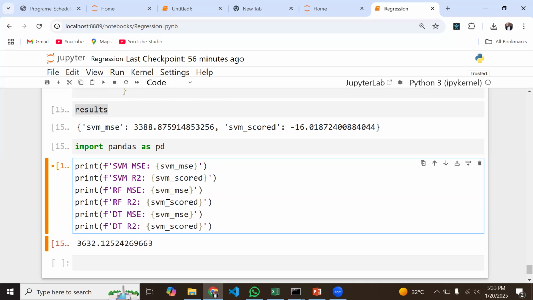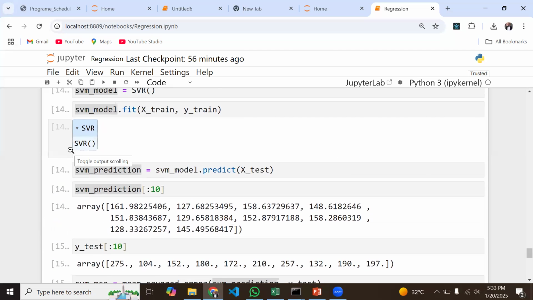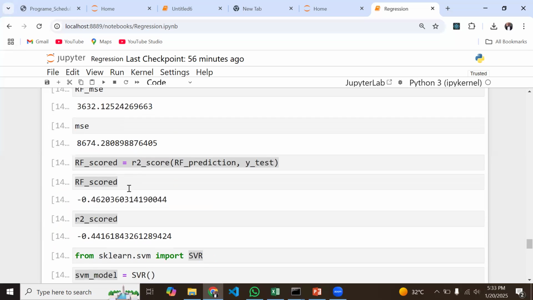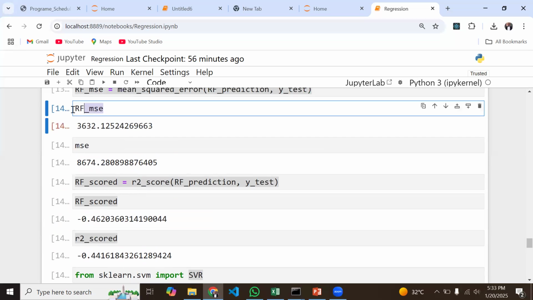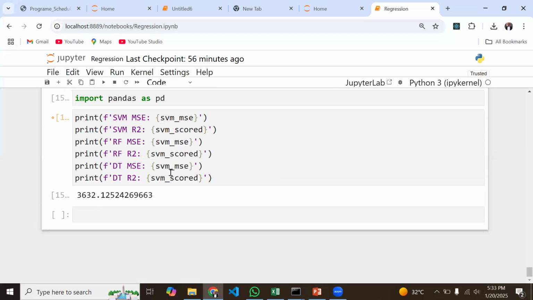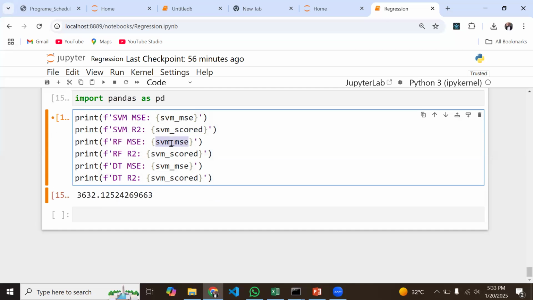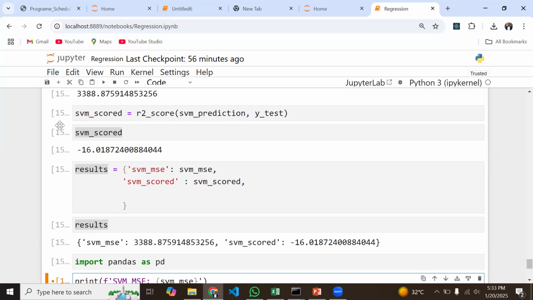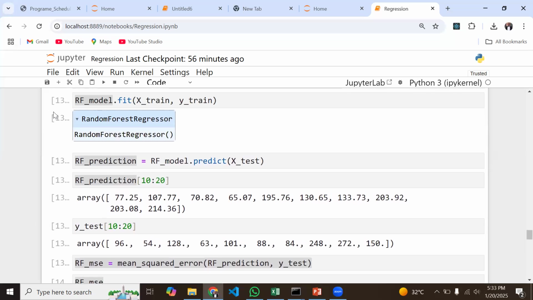So let's look at the variable names we use over here. So RF, okay, this one, and then the RF scored. All right. So RF, and then the RF scored, and then the decision tree.